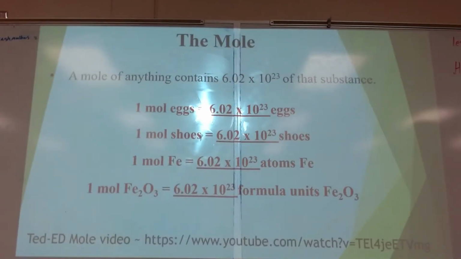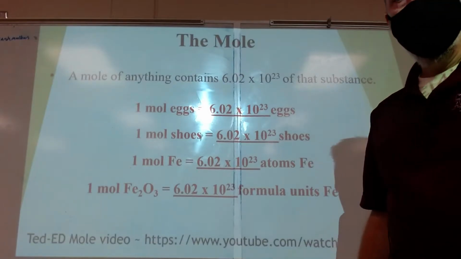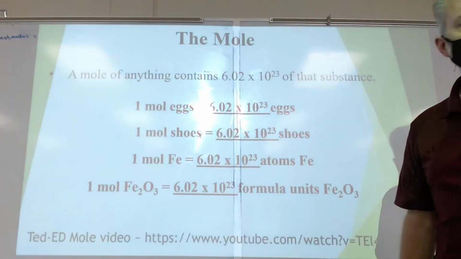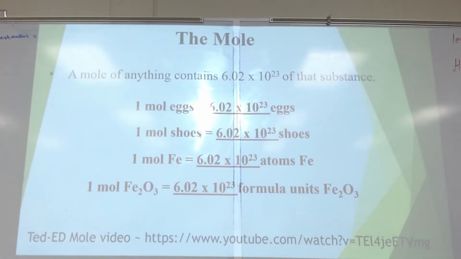So a mole of anything contains 6.02 times 10 to the 23rd of that substance. So if I happen to have a mole of eggs, I have 6.02 times 10 to the 23rd eggs. And if I have a mole of donuts, how many donuts do I have? 6.02.